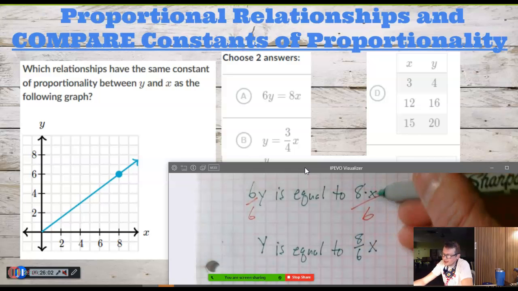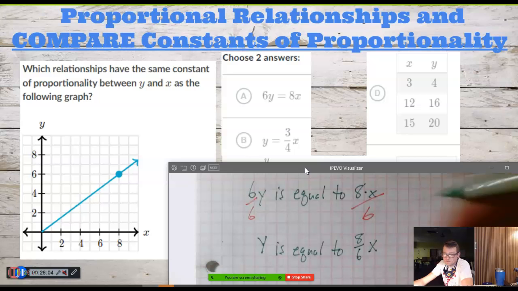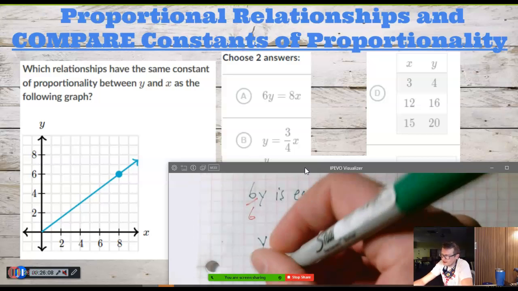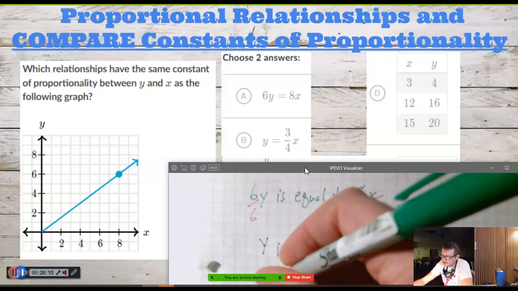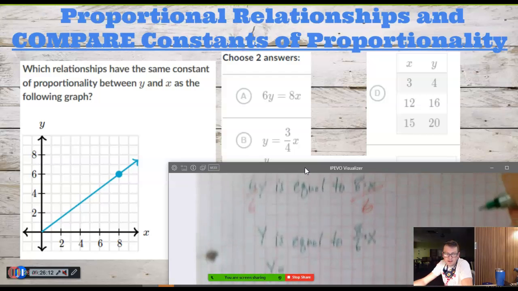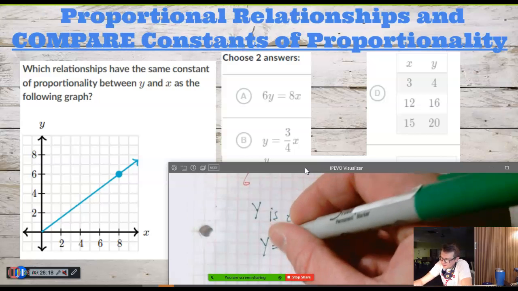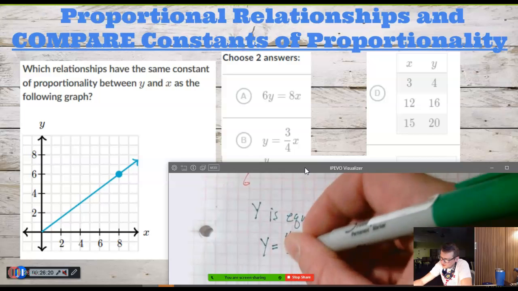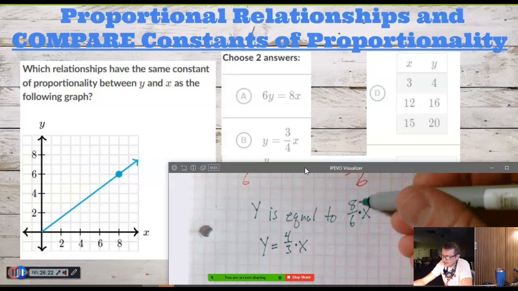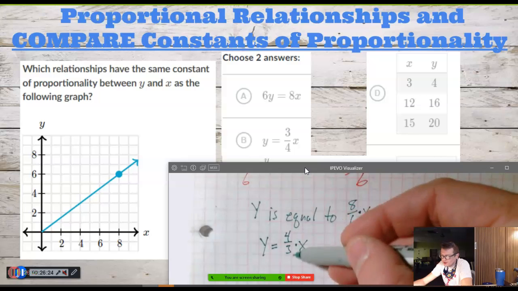Or you could say 8x divided by 6, but this is kind of the nicer way to write it. That also can be rewritten in equation form as y equals 4/3 x, because we can reduce. 8/6 can reduce to 4/3. We could leave it 8/6, but we always want to reduce if we can.